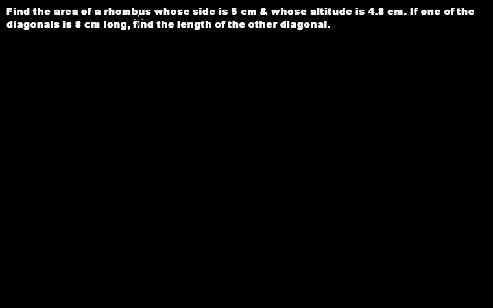Find the area of a rhombus whose side is 5 centimeter and whose altitude is 4.8 centimeter. If one of the diagonals is 8 centimeter long, find the length of the other diagonal. Now in this question, we have a rhombus.